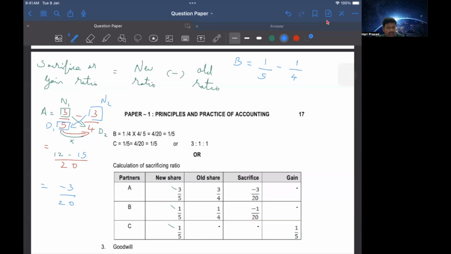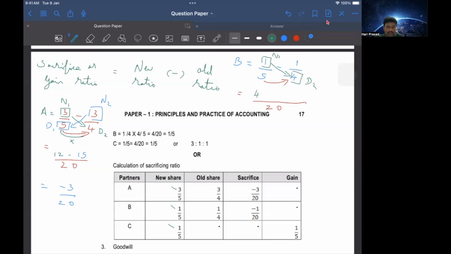The same thing we have done with A. Multiplying the denominators. 5 into 4, 20. Now, multiply numerator 1 into denominator 2. 1 into 4, 4.